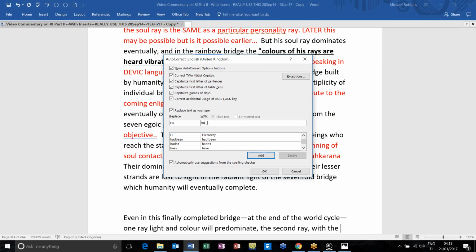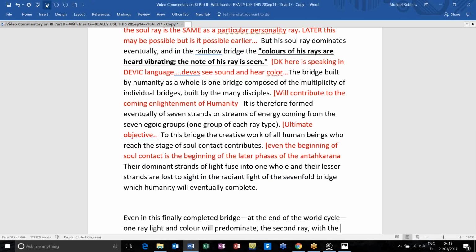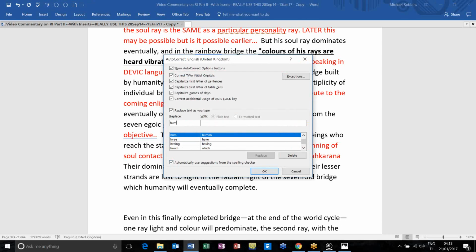That was my promise, right? HU humanity. And I want to delete that. No, I don't want that. I just want HUM. I've used that for human. I think I will do it there. Human. And now I'll try once again with HUM, and I'll eliminate one. And it looks like I'm going to succeed.